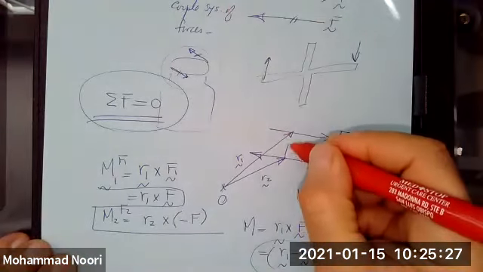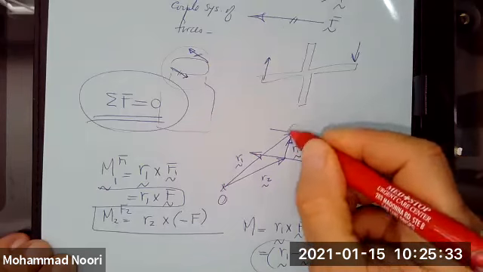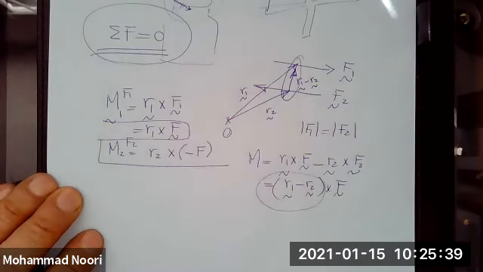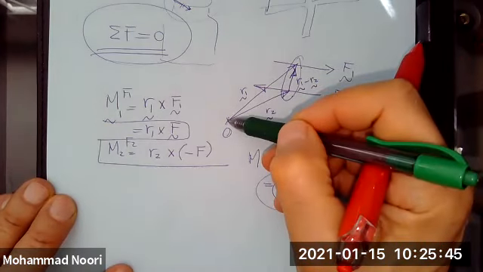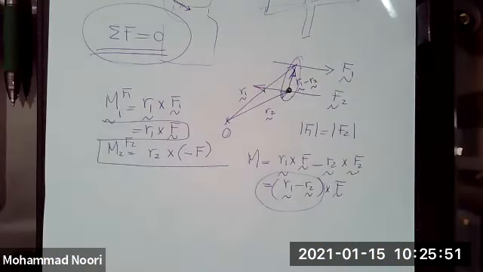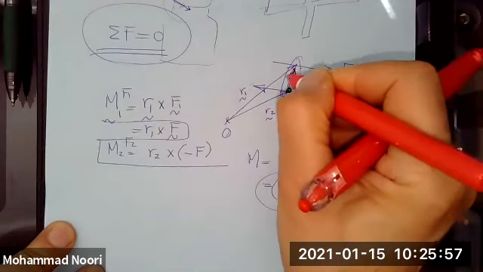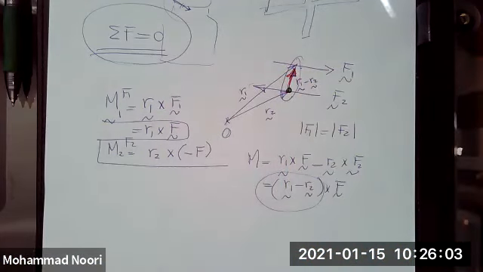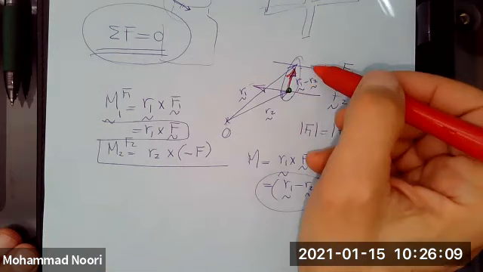What is R1 minus R2? R1 minus R2 is this vector. What that means is this. In order to find the moment that these two forces generate about point O, all you need to do is consider a position vector from a point along this force to a point along that force, and the problem then comes down to this.